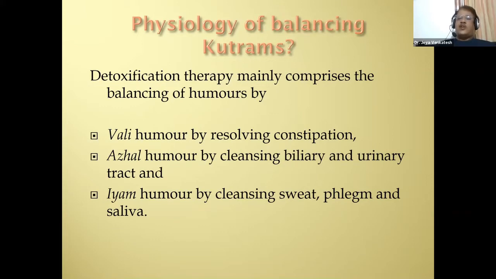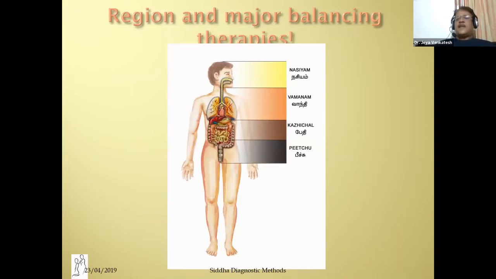And then IM humor, that is Kabam, by cleansing sweat, phlegm, and saliva. There are some processes: purgation to eliminate Vada, vomiting to eliminate Pitta, and sweating, spitting to eliminate Kaba. In general, this is the general principle followed in Siddha system medicine.